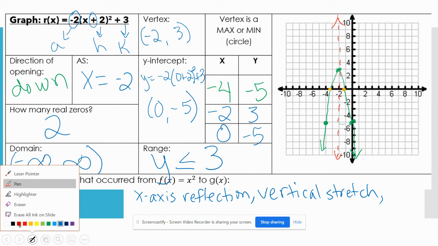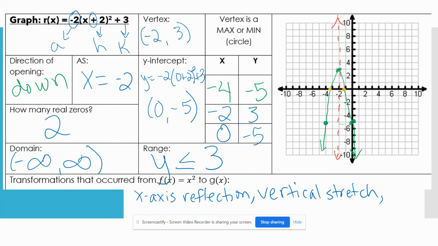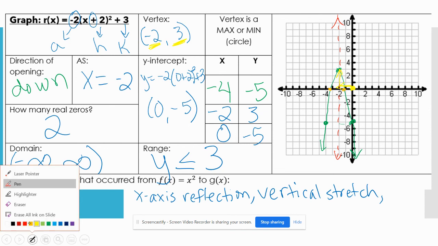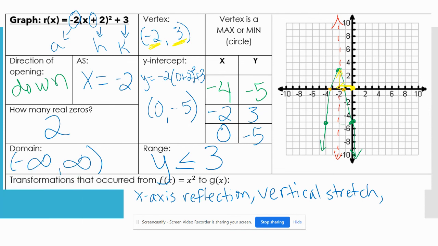And then if I mark on here my original vertex, we went left 2 and up 3. Left 2, up 3 from 0, 0. So left 2 units, up 3 units.